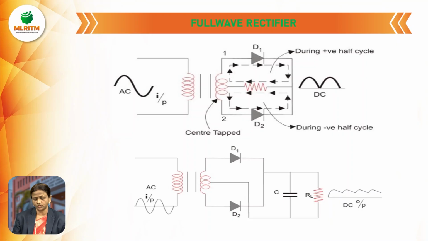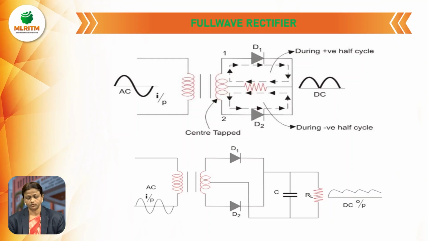In filter circuits, the AC component value at the output side is reduced. So by using a filter circuit, or by connecting one capacitor parallel to the load RL, the AC component value will be reduced, or the ripples are reduced, and the DC component value will be increased.